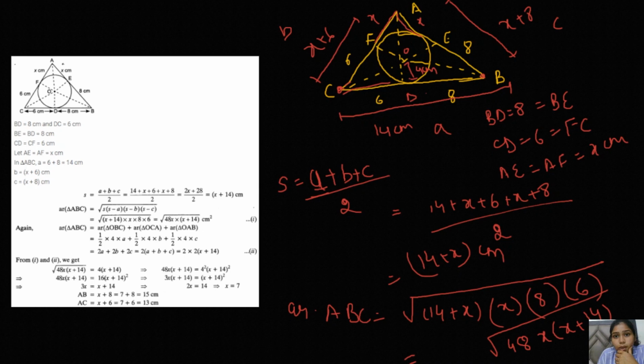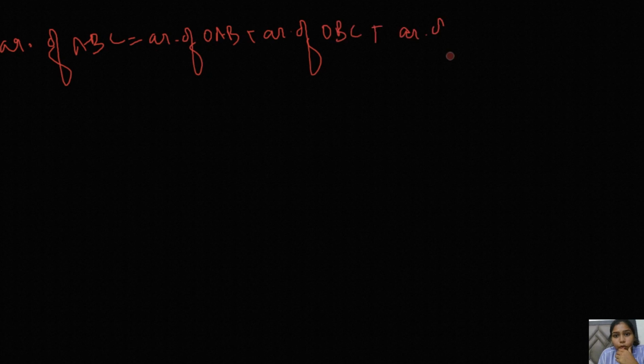So the area of ABC will be equal to area of OAB plus area of OBC plus area of OAC. So what you will do is half into base, which was AB, and height, since the circle's radius is 4, that is why the height is considered as 4.